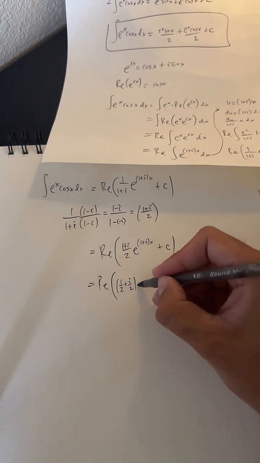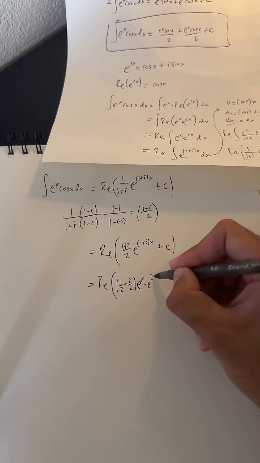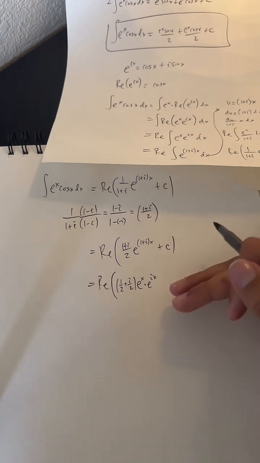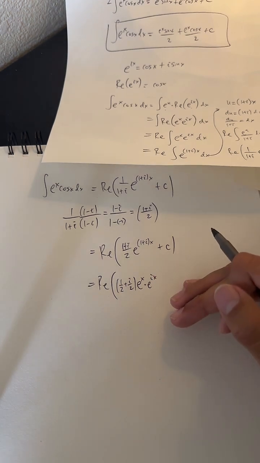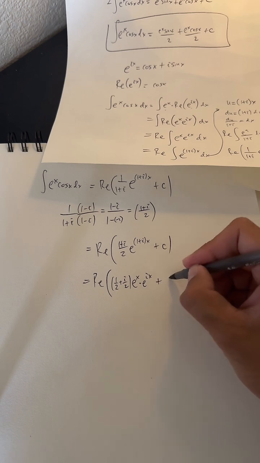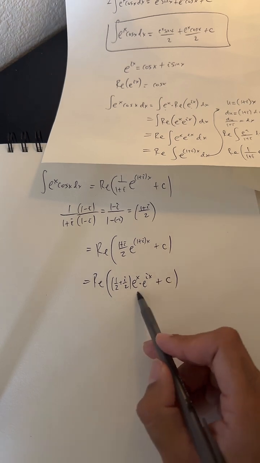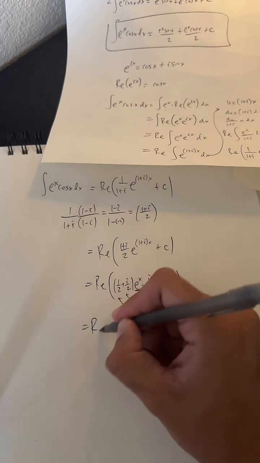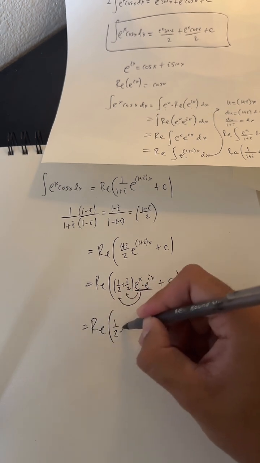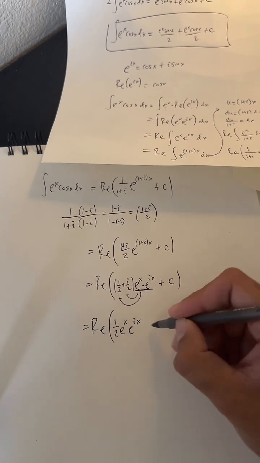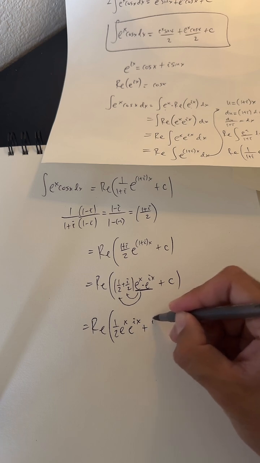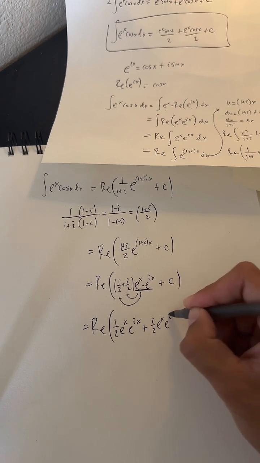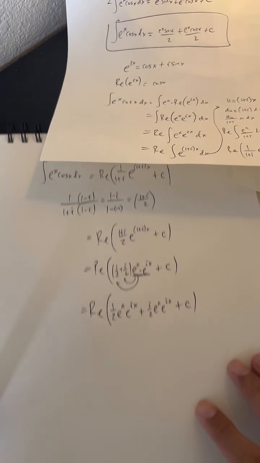And in this part, I'm going to write it as e to the x times e to the ix, just working it out since the very beginning. And then we still have our plus C. Now let's distribute these values into both of these terms. So we have the real part of 1/2 e to the x e to the ix plus i over 2 e to the x e to the ix plus C.